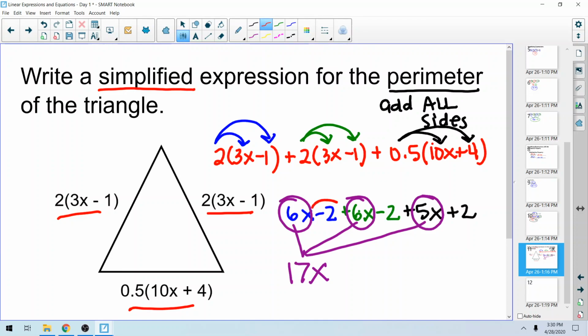Then we're going to do a negative 2, a negative 2, a positive 2. So negative 2 plus negative 2 is negative 4. Then we add a 2, we get negative 2. So a simplified expression for the perimeter would be 17x minus 2.